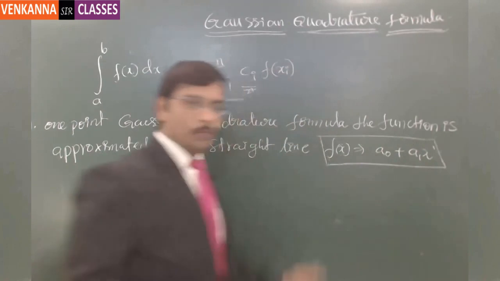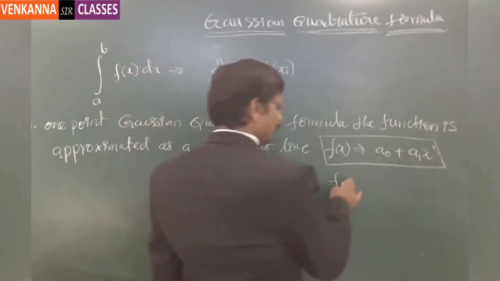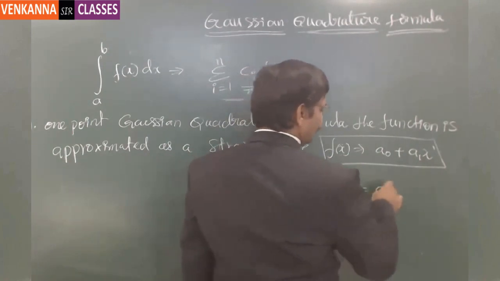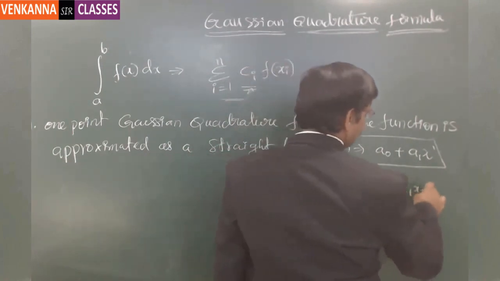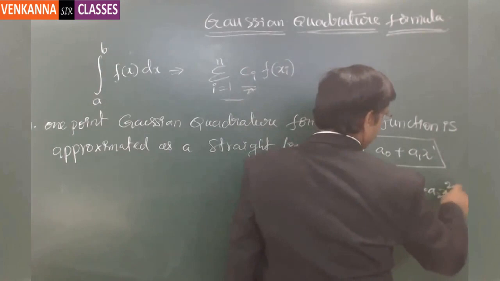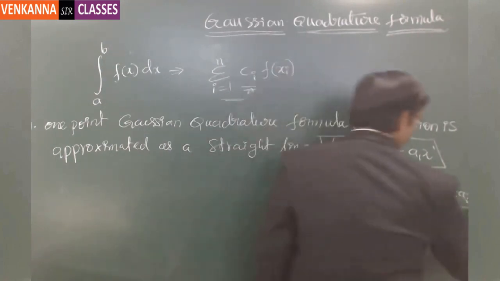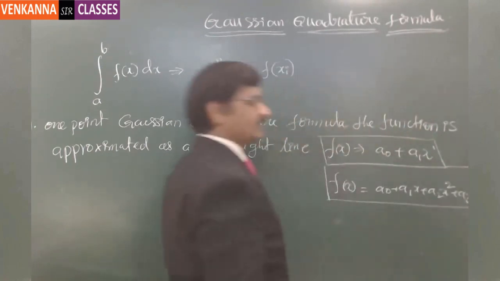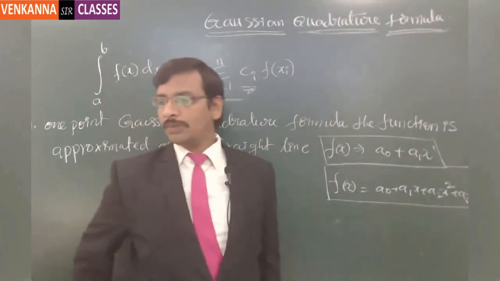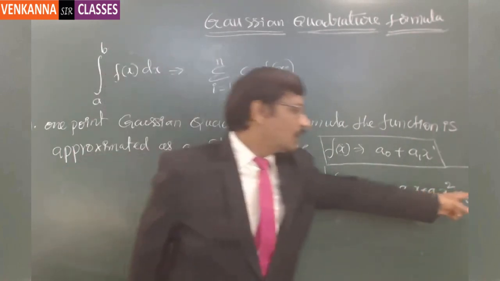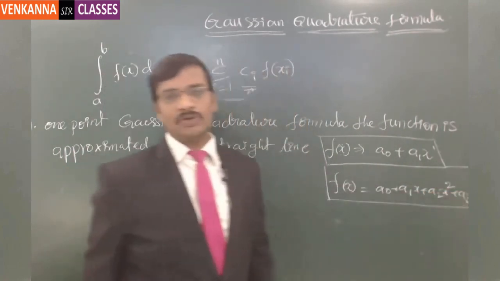And in case of 2-point, the same function is approximated as f of x equal to a0 plus a1x plus a2x square plus a3x cube. So in the case of 2-point Gaussian quadrature, it is approximated as a third order polynomial. In general, 2-point means we are using 3 as the highest power of the polynomial.